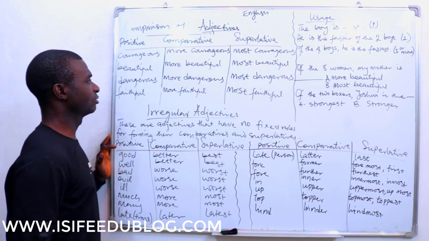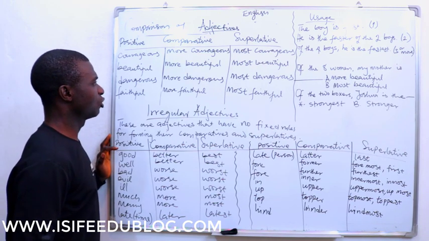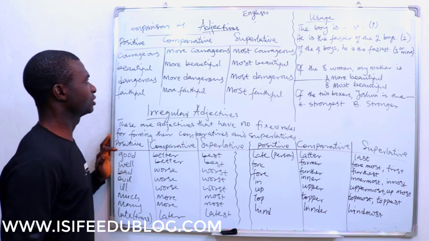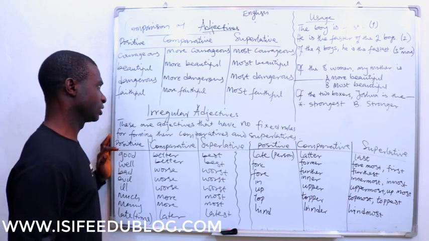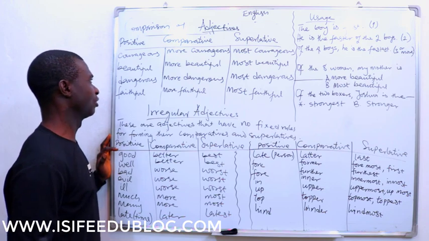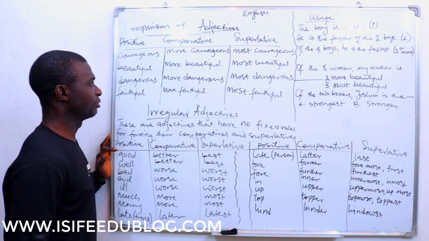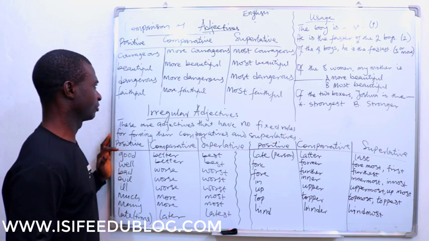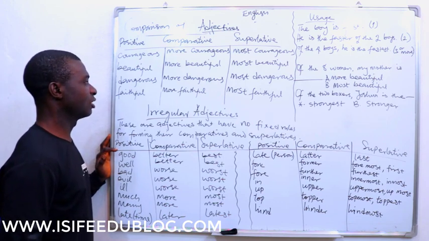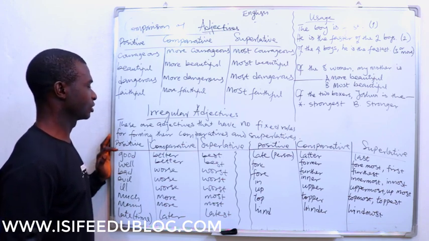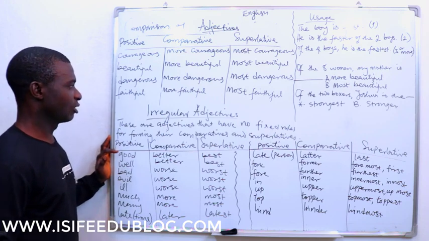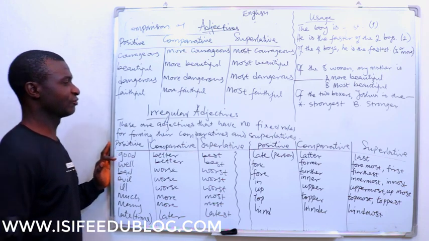More beautiful, most beautiful. So courageous, more courageous, most courageous. That is when there are three or more. Beautiful, more beautiful, and most beautiful. Dangerous, more dangerous, and most dangerous. Faithful, more faithful, and most faithful.